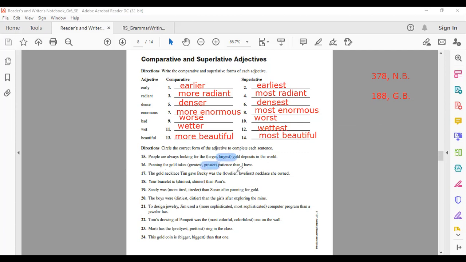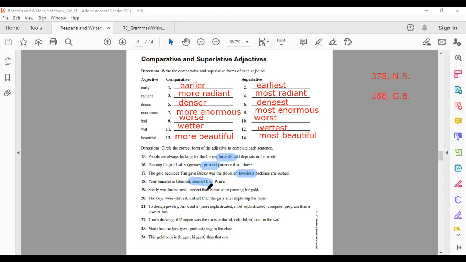Greater patience. Why? Because we have than. The gold necklace Tim gave Becky was the lovelier or the loveliest necklace? The loveliest. Very good. Your bracelet is shiniest or shinier than Pam's? Shinier. Very good.